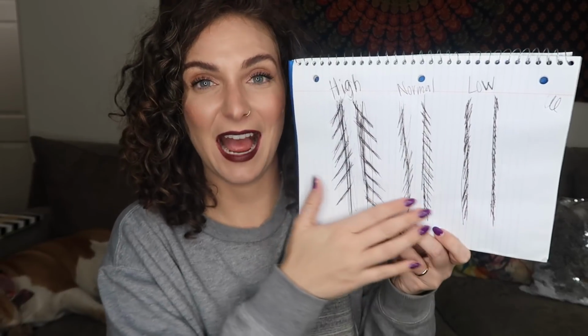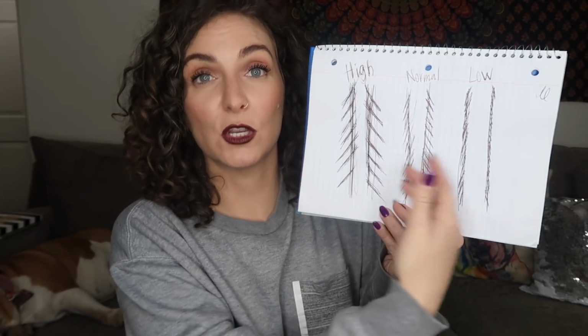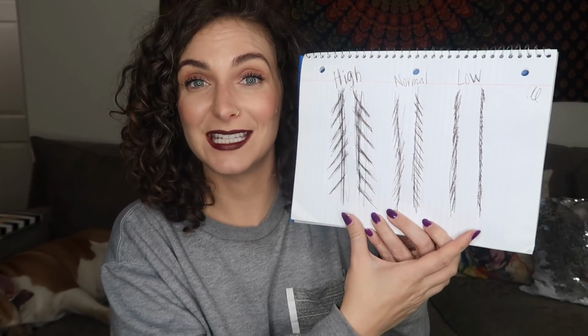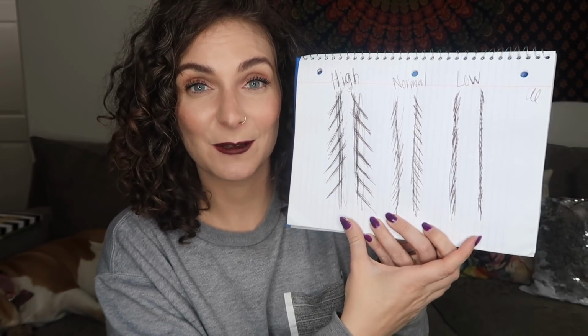If you guessed that high porosity hair was the easiest to moisturize, you are right. So now let me ask you, as far as maintaining moisture, let's just say all three hair strands are properly moisturized, which strand is going to maintain that moisture the longest?